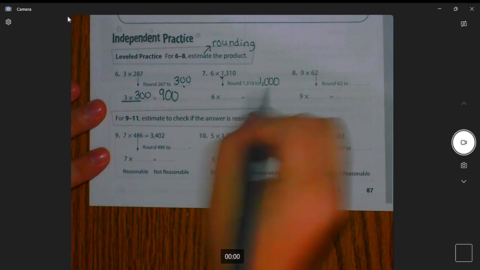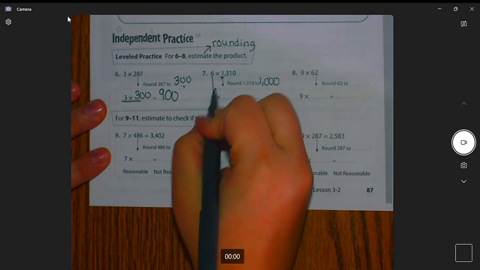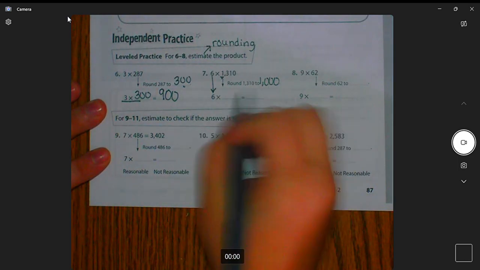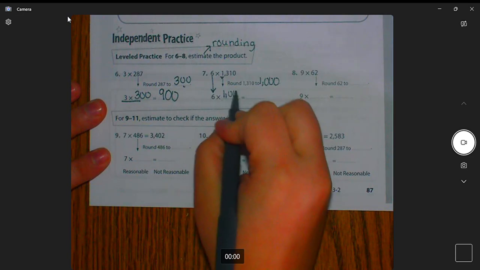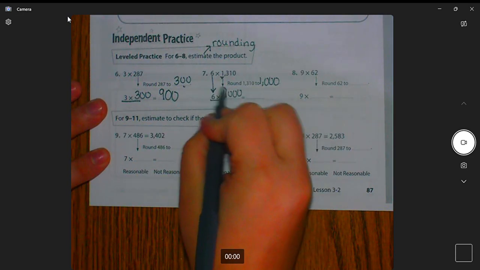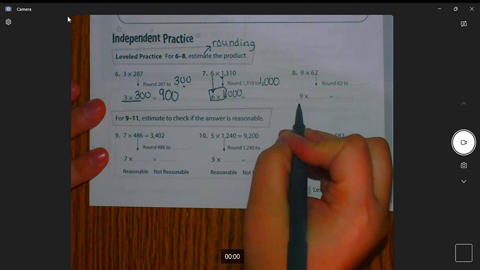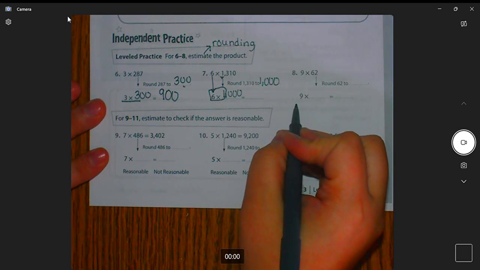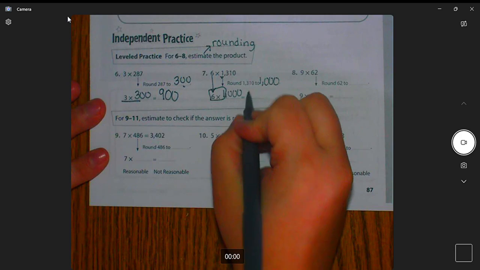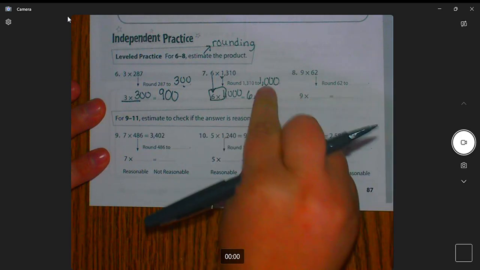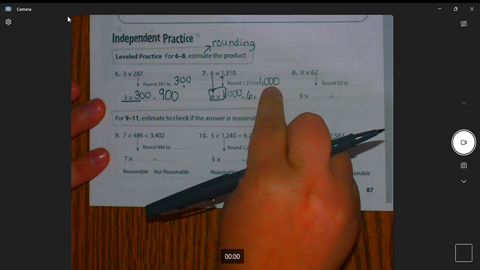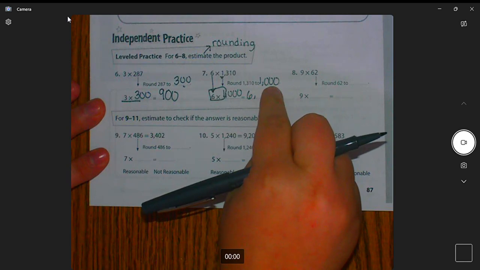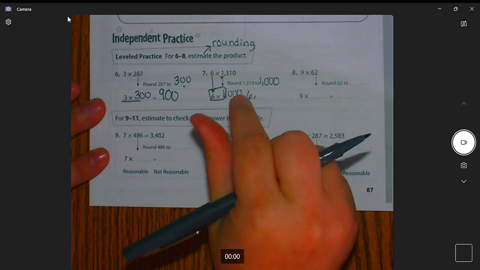So again, single digit factor always comes down. 6 times 1,000, my basic fact, is 6 times 1. 6 times 1 is, yes, 6. I'm dealing with thousands. Good. So how many zeros are left? Right, 3.